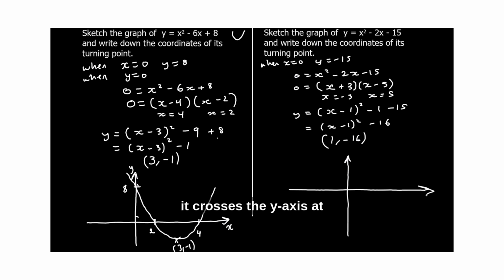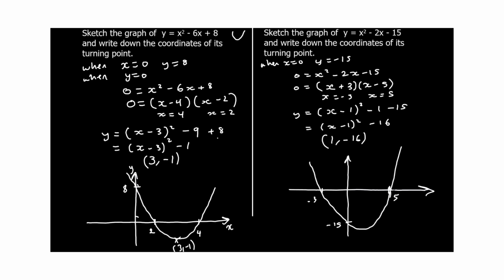So it crosses the y-axis at negative 15. And it crosses x at negative 3 and 5. Minimum point's just there at 1, negative 16. So that's our sketch.